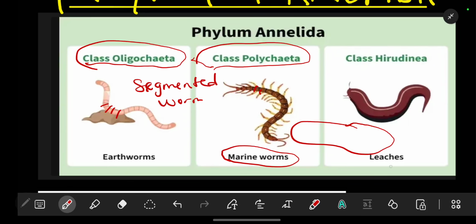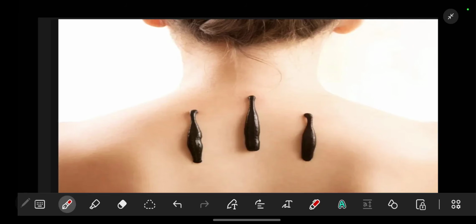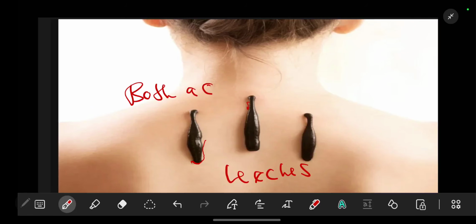Then last but not least, we shall talk about Hirudinea. Okay, so this is Hirudinea. Hirudinea is mainly made up of the leeches. So the example that we can have under Hirudinea is leeches. These are leeches that are sucking on someone. They are both aquatic, meaning they are found in water, and terrestrial, meaning they are found on land.